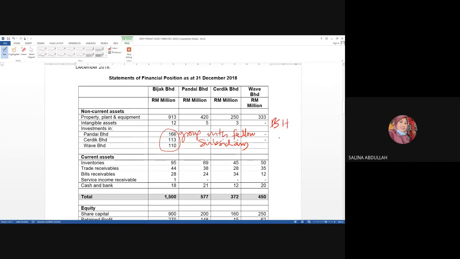I show it as holding. So we will have S1 Pandai, and then we have S2 Cerdik. Basically, Wave is actually SO. You can see later that in this question Wave is SO. So this is a group with fellow subsidiaries.